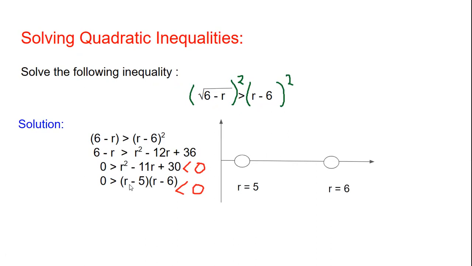We plot our parabola, and since we have r minus 5 and r minus 6 being less than 0, what it means is that we take only the numbers that are beneath the x-axis, but we don't really include the values on the x-axis. So we're not going to include r is equal to 5, and we're not going to include r is equal to 6.